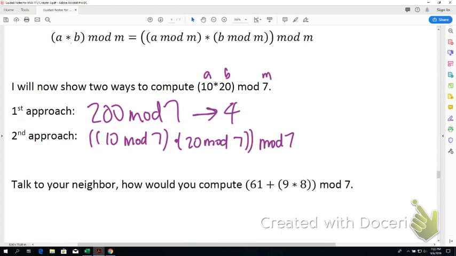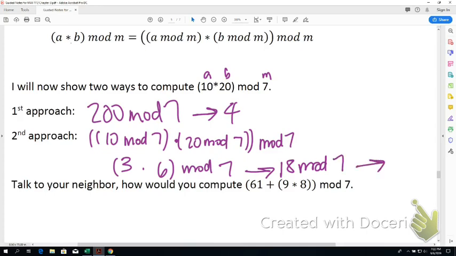So 10 mod 7, that would be a 3. 20 mod 7, we did in the previous example, that would be a 6. And then 3 times 6 is 18 mod 7. I think that was going to give me a 4 as my remainder.